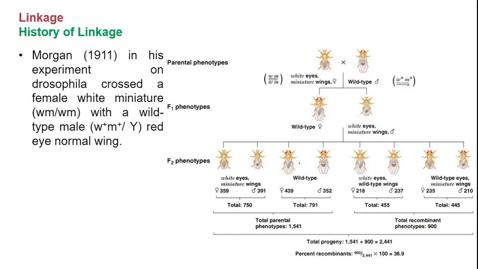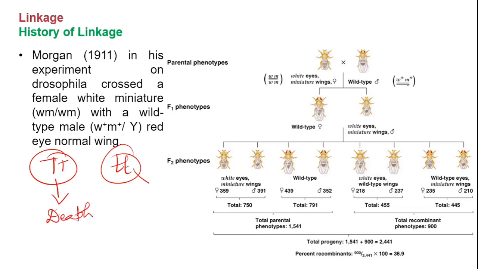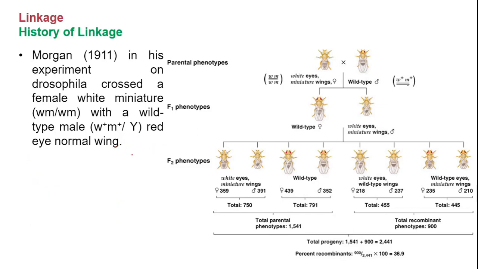Primarily he thought of some other phenomenon, like lethal gene interactions. Lethal gene interaction means that either the homozygous dominant condition or the homozygous recessive condition causes lethality and death of the individual. He thought of this phenomenon, but later he concluded that this is not due to lethal gene interaction.